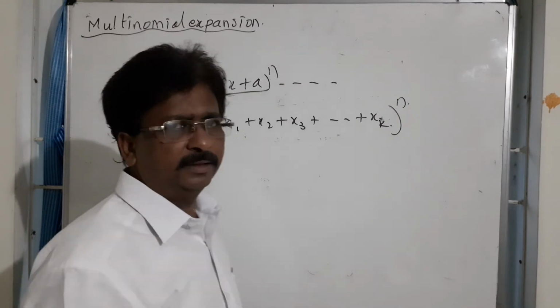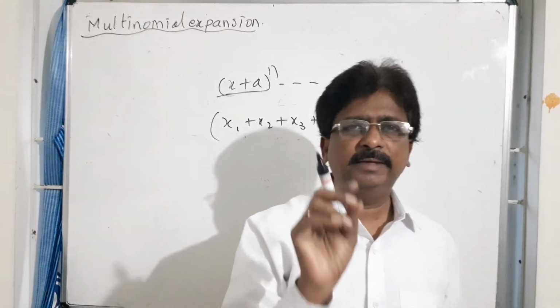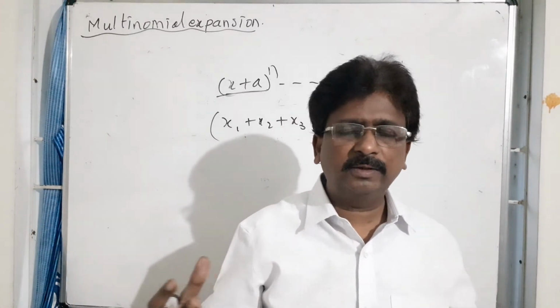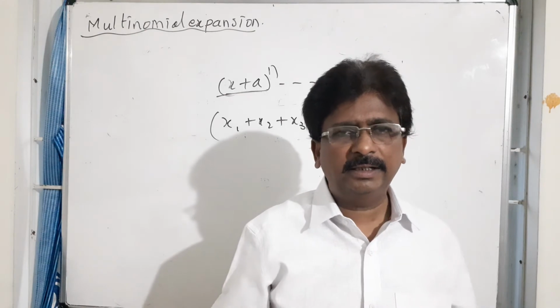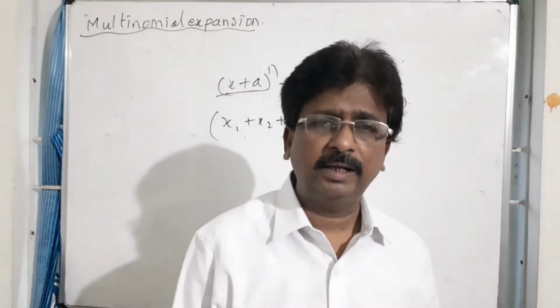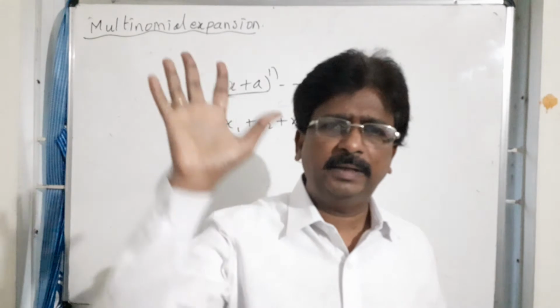Now in this expansion, which term we have to mention as first term, which as the second term, which third term, we cannot mention, and there is no use if you mention by taking the pains. So that is why the general term is mentioned according to the power of x1, power of x2, power of x3 and so on.